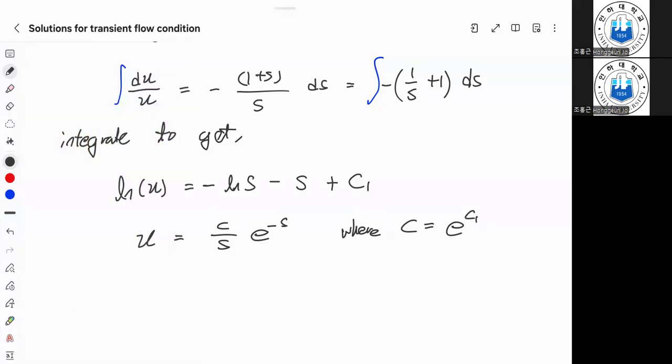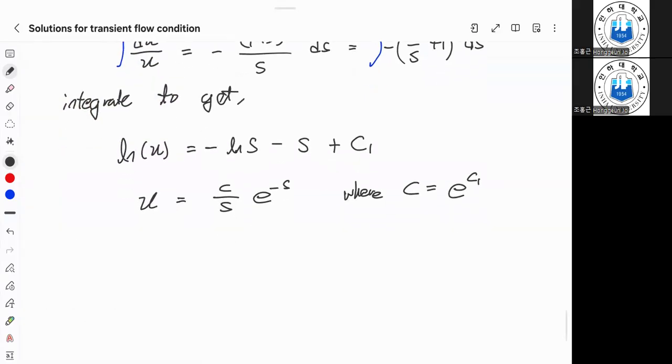So that's why we are now going to use the exponential integral function, which is Ei of minus x.